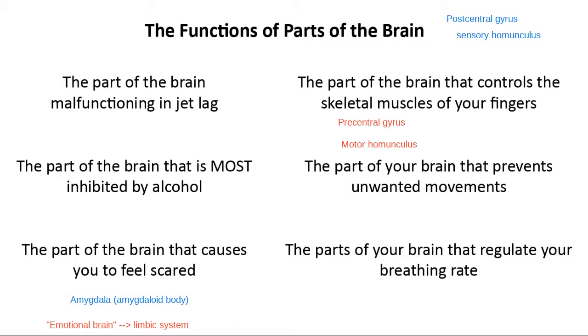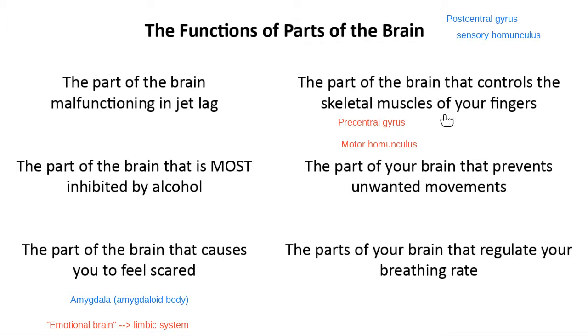So if I had changed this question, instead of controlling the skeletal muscles in your fingers, to receiving sensory information from your fingers, that would be the job of the post-central gyrus. Motor control, pre-central gyrus. Sensory stuff, post-central gyrus.